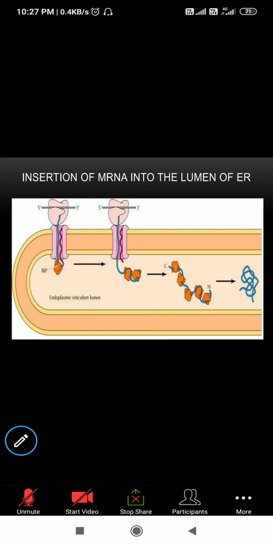In the lumen, the bond formation is catalyzed by one enzyme. That enzyme is called protein disulfide isomerase. So, this was about the transportation of proteins into the endoplasmic reticulum.